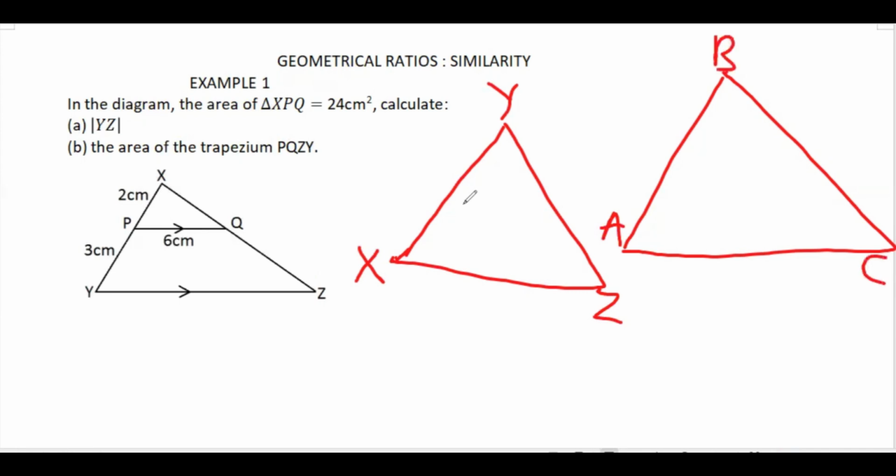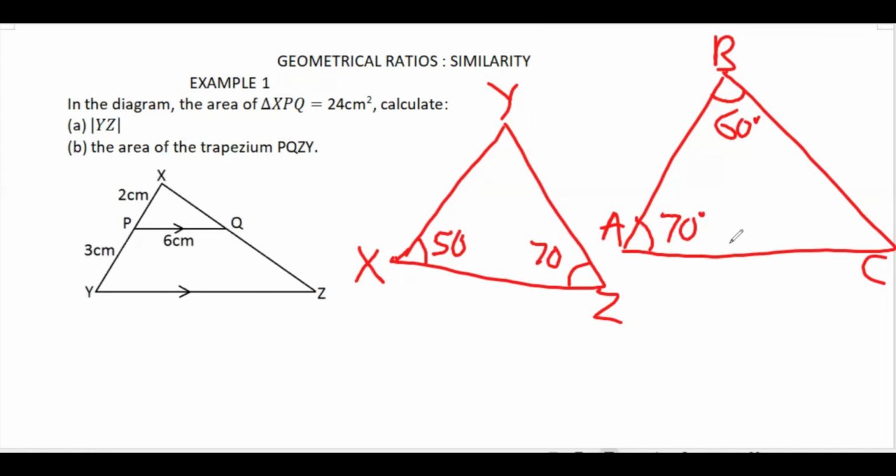Suppose the angle of this one is 50, and this one is 70. And if this one is 60 and this one is 70, and they're asking you, do we know that the two triangles are similar?